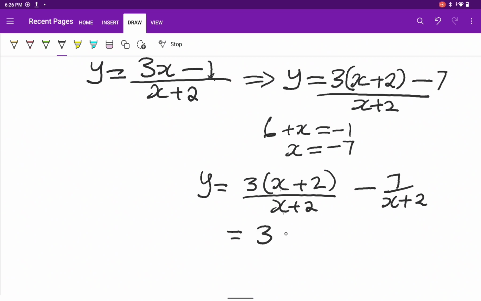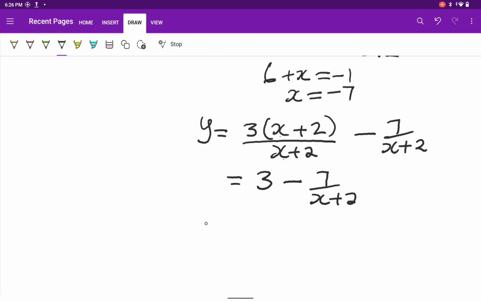We will have 3 minus 7 over x plus 2. So there is our function. That's the graph we wanted. So we can write it nicely and say this is y equals minus 7 over x plus 2 and then plus 3. So we have now written it in the form y equals a over x minus p plus q. So this is some of the things that you may be asked to do.